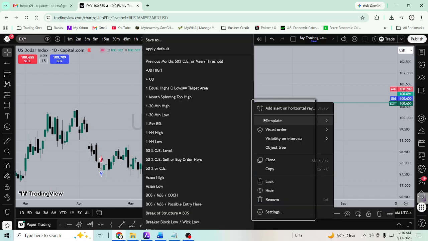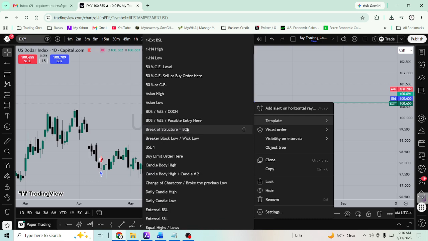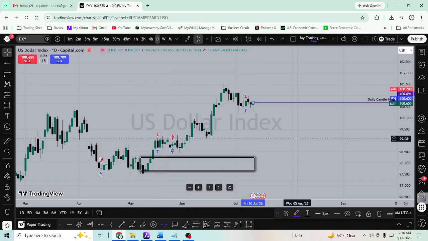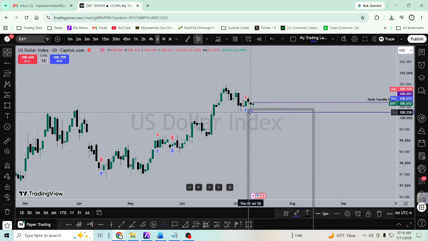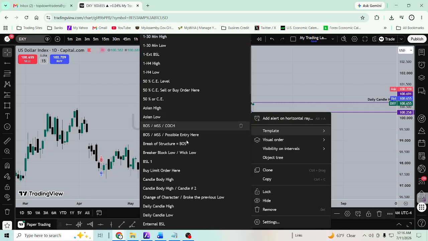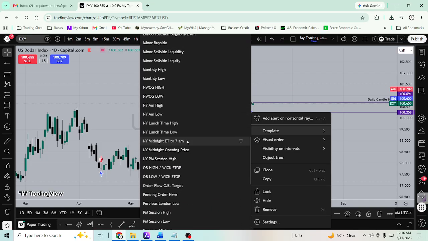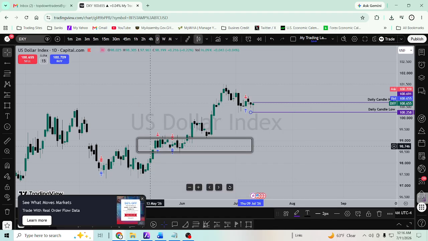So if I went to a template, I can find the daily candle high. Then I'll also create a level here. And obviously, what is this called? This would be the daily candle low. There.